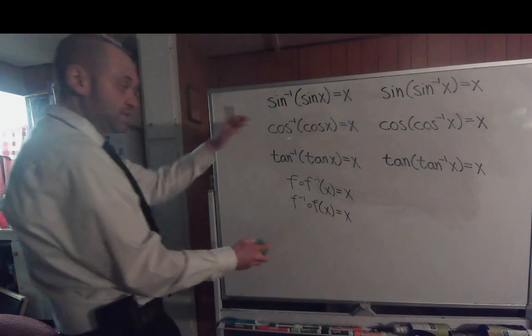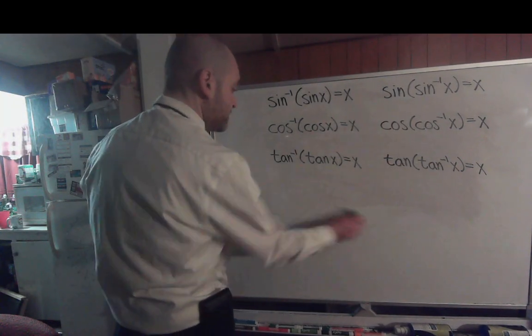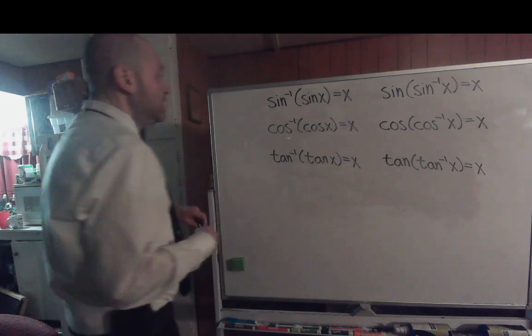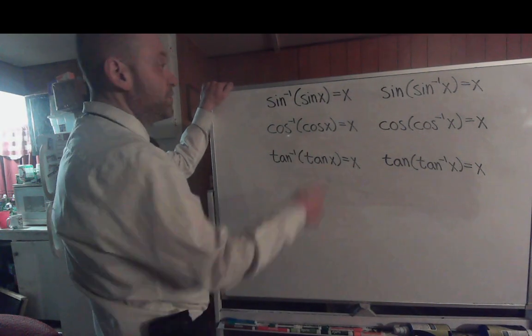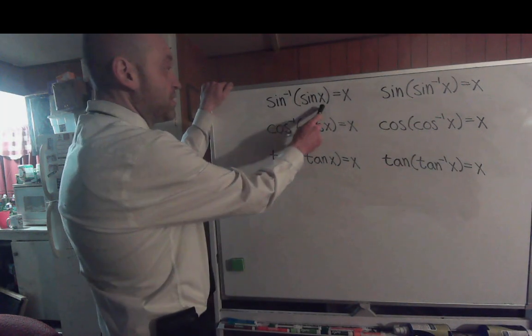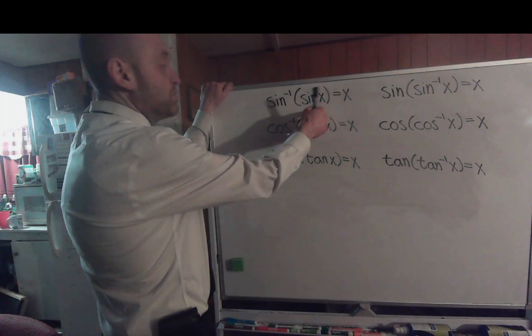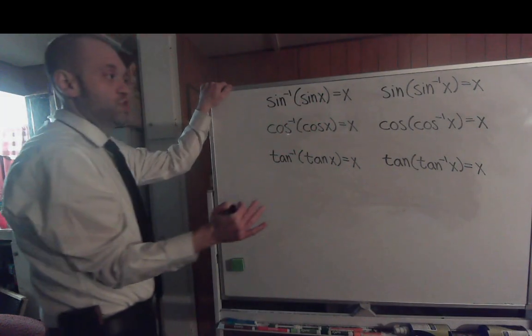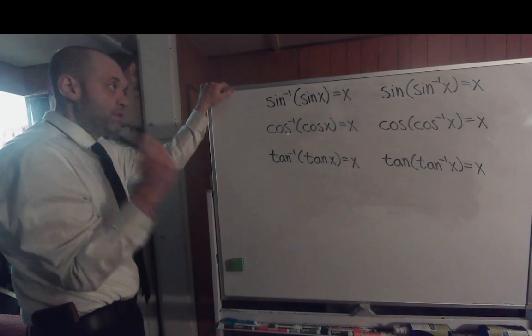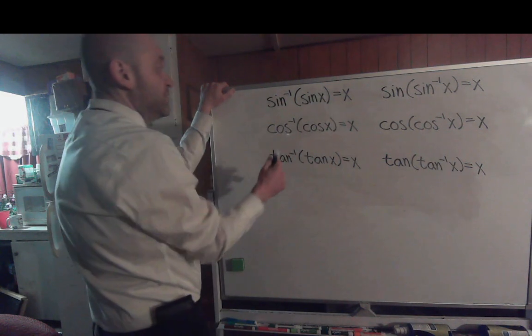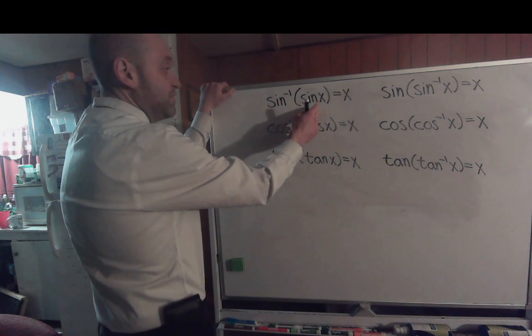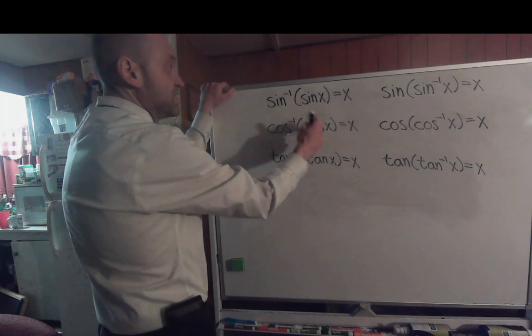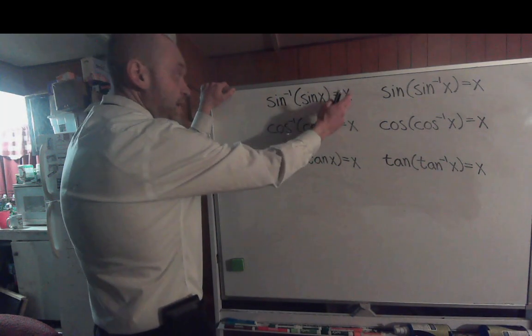Well, the same principle applies here to inverse trig functions. Provided that what's inside is within the domain of the function, I'll get back what's inside. So if I take sine inverse of the sine of x, if it's within the domain of the sine, I should get back x.